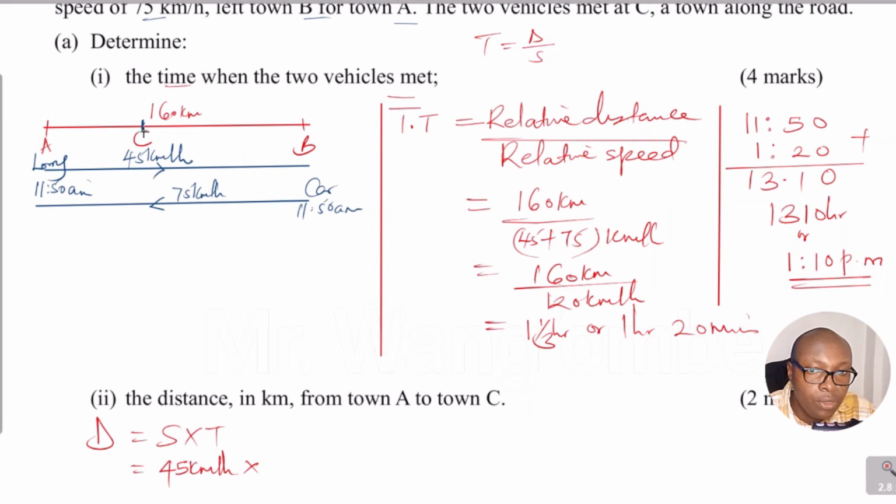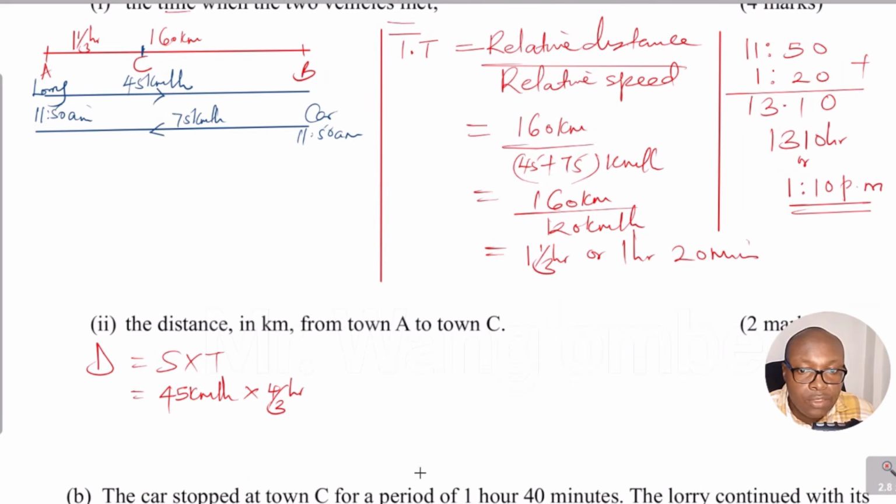C is the meeting point, and you have already calculated the time taken to meet. The time here is 1 1/3 hours. So within 1 1/3 hours, what distance was covered? 1 1/3 hours you can write as 4/3 hours.